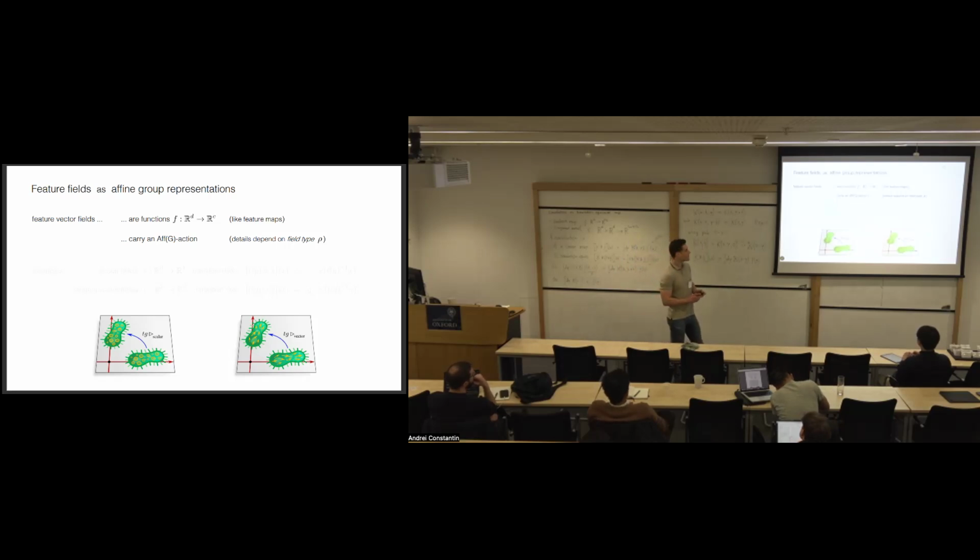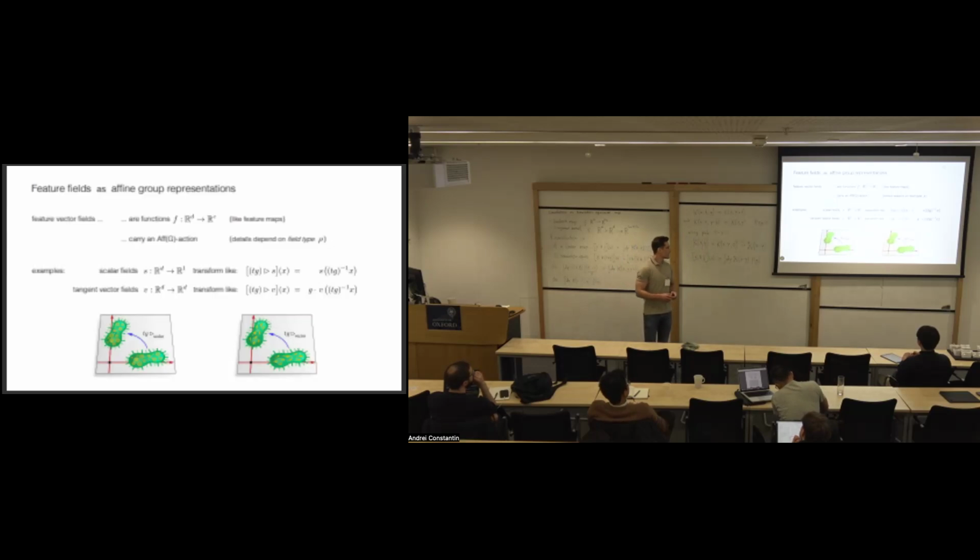And these actions are defined by something called the field type, which is a G representation rho. To explain that, we can look at scalar and vector fields as the most simple examples. Yeah, so d is the spatial dimension, and c is the dimension of your feature channels.